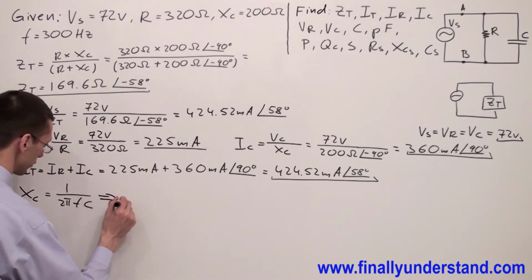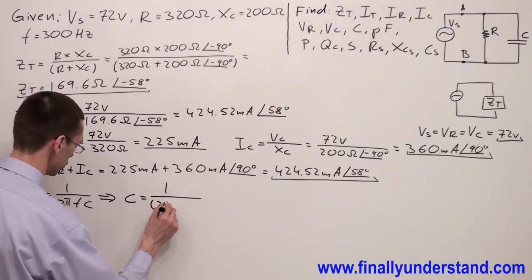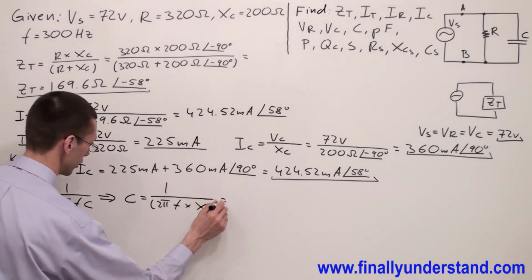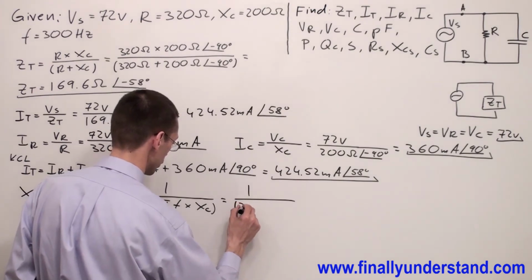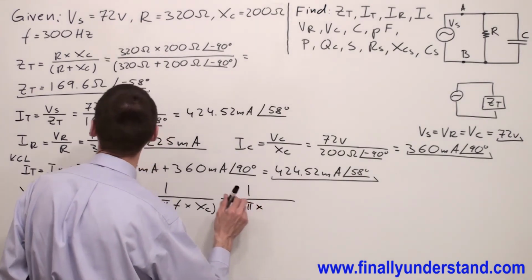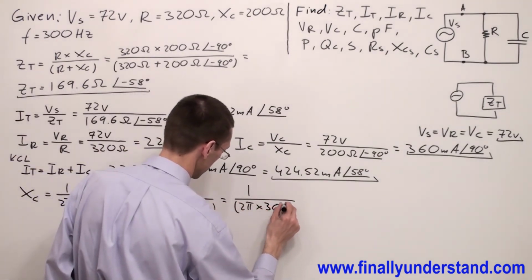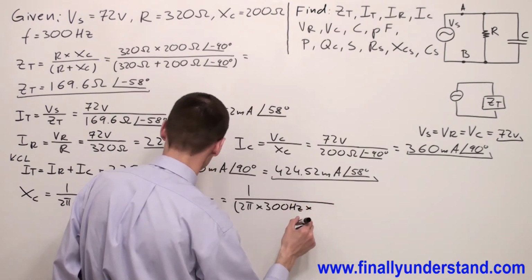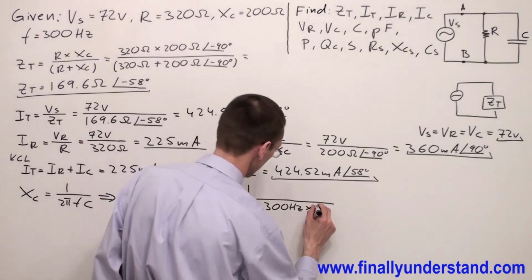So I'm going to have C equals 1 divided by 2 pi F times X_C, which is equal to 1 divided by, open parenthesis, 2 pi times F, which is 300 Hertz, times X_C, which is 200 ohms.